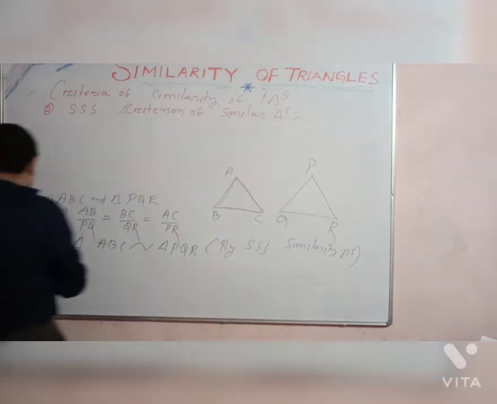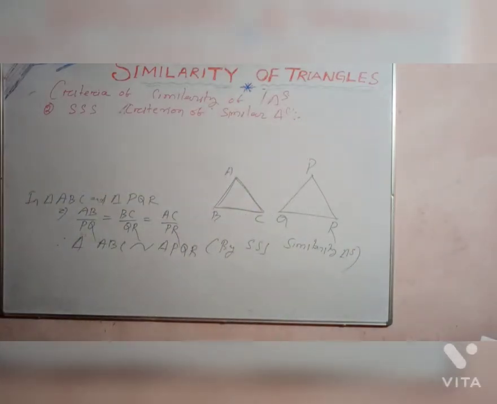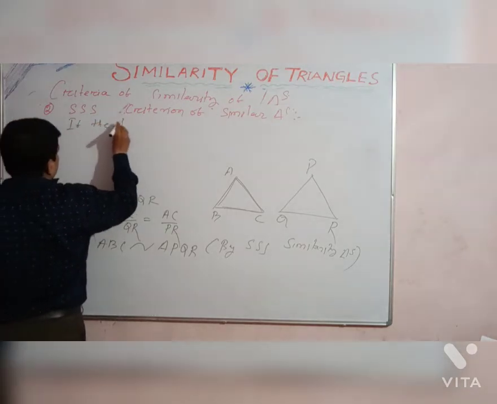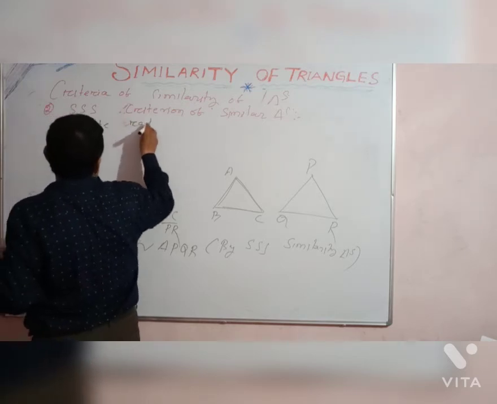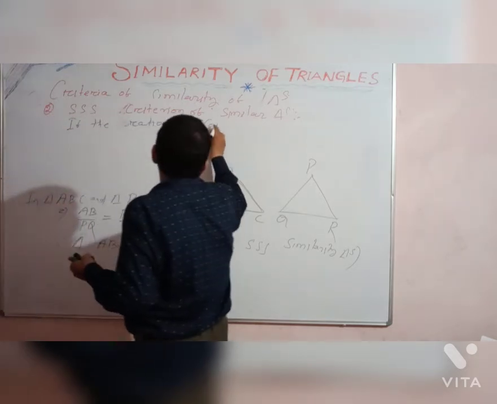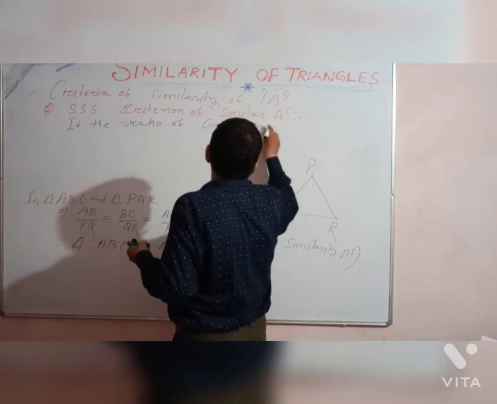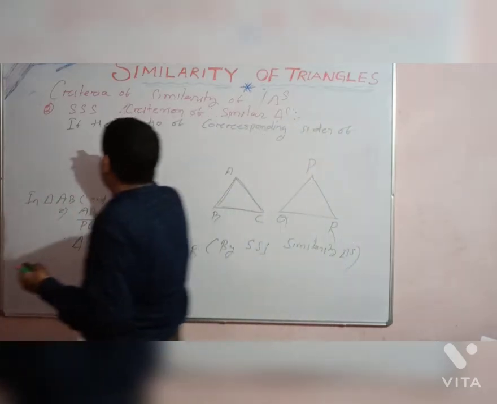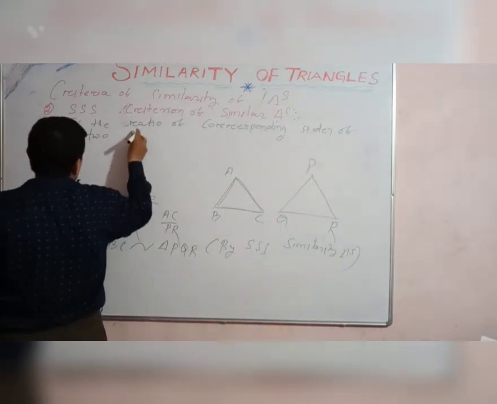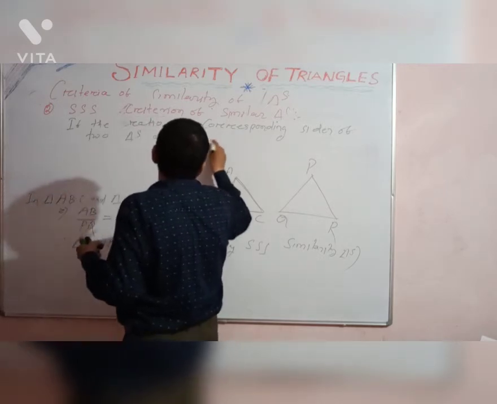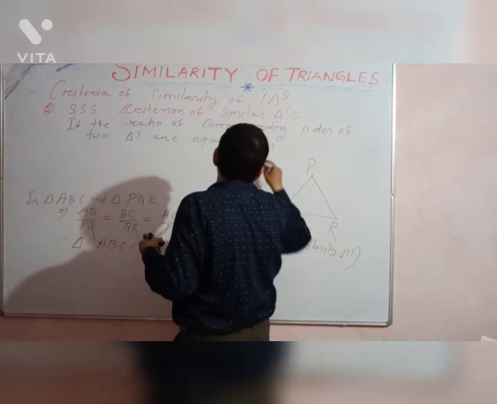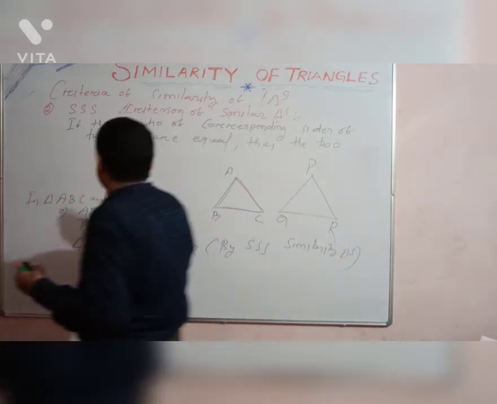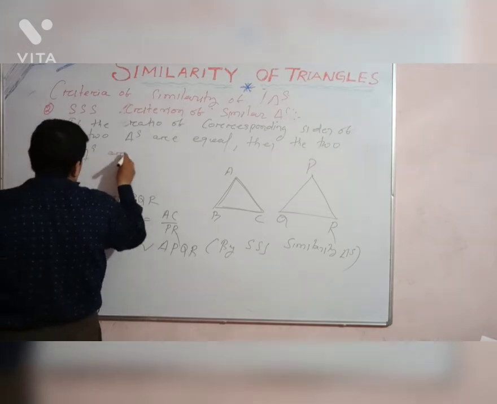Okay, let's write this one. In two triangles, if the ratio of corresponding sides of the two triangles are equal, meaning sides are proportional, then the two triangles are said to be similar.